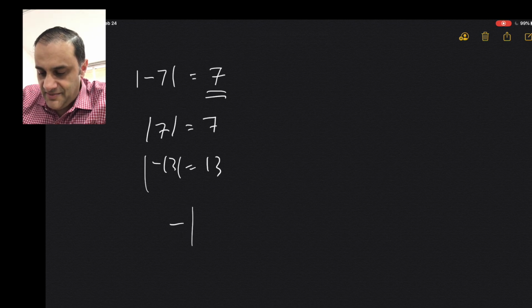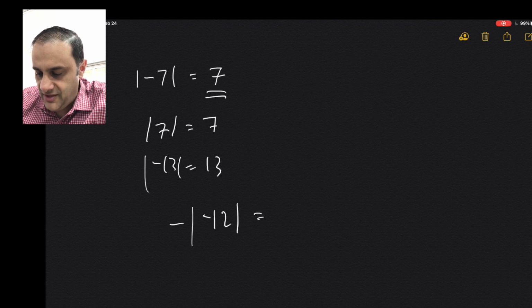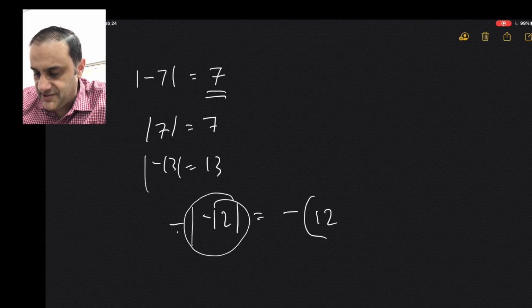Now the negative times the absolute value of -12. You would think negative times negative is a positive, but no. We carry the negative over, so negative, and then the absolute value of -12 is +12. So we multiply the negative times 12, and it would be -12.